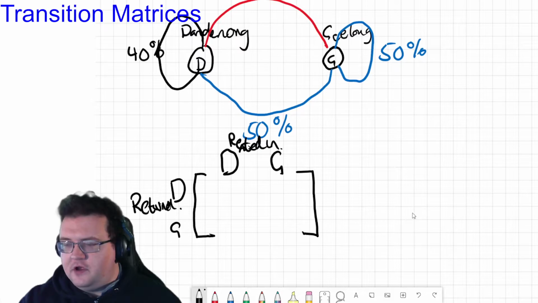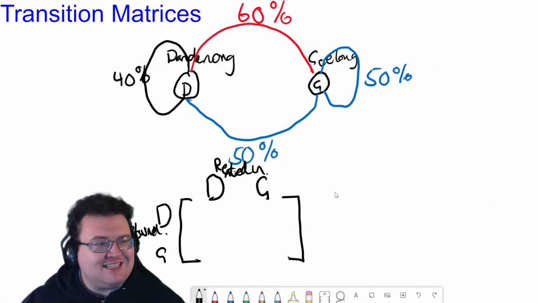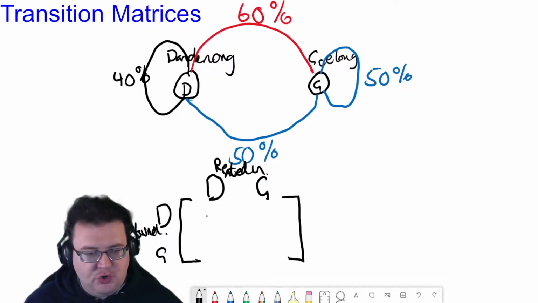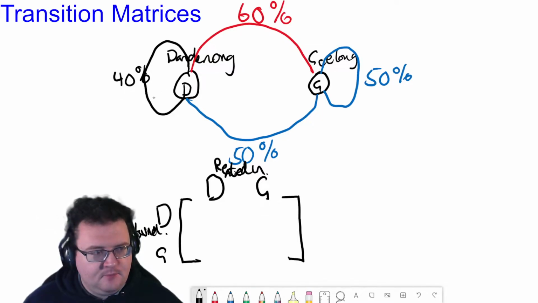So my question for you is, looking at the diagram, as a decimal number, what number would I put in here for rented in Dandenong and returned to Dandenong? Cars rented in Dandenong and returned to Dandenong is 40%, so 0.4 as a decimal.